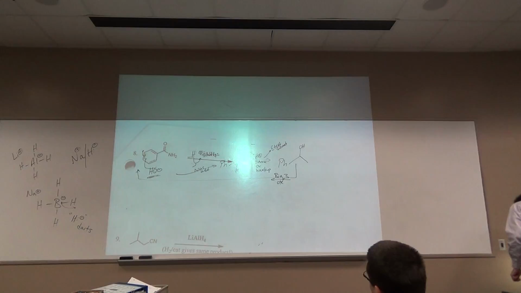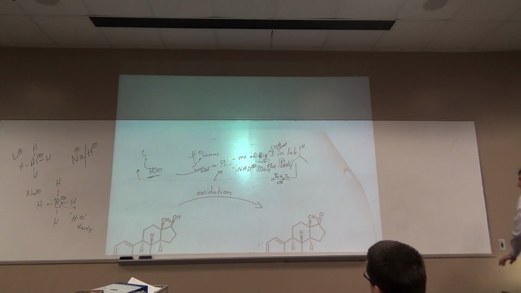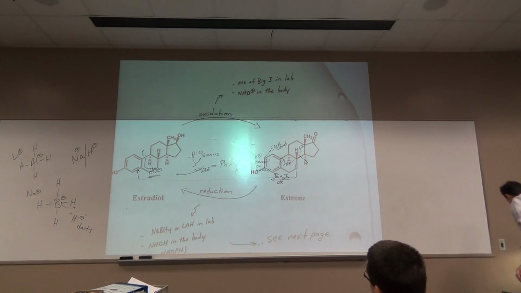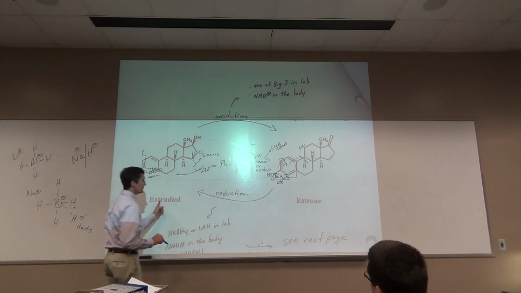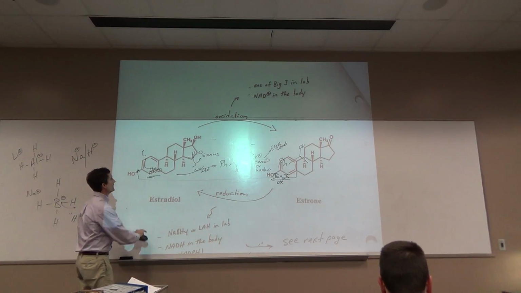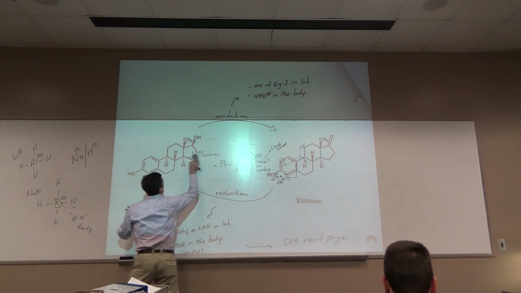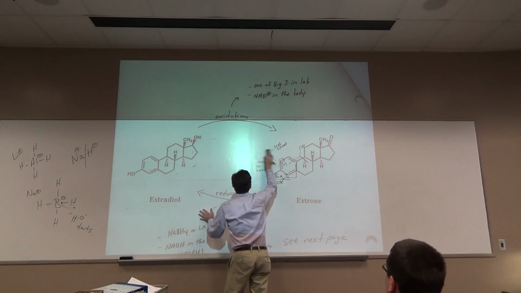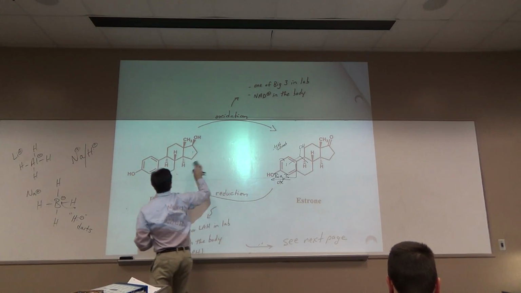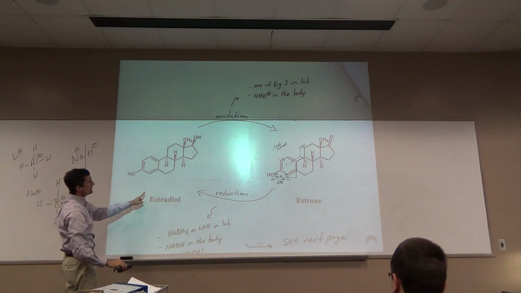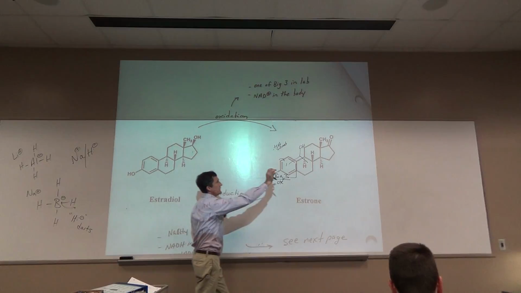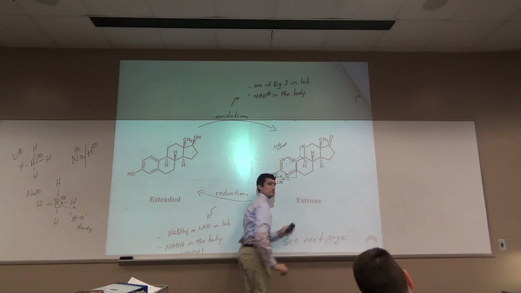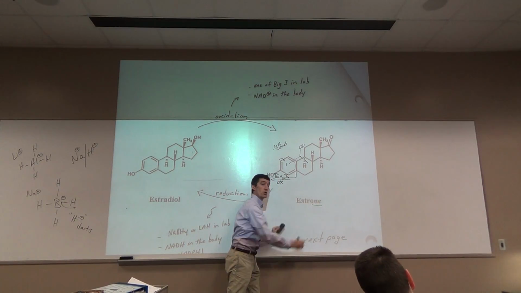As you flip over, you'll see this redox cycle illustrated with estrogens, estradiol versus estrone. And what's going on here? When you go to estrone, the secondary alcohol is being oxidized to the ketone. And that's why it's called estrone, ketone.